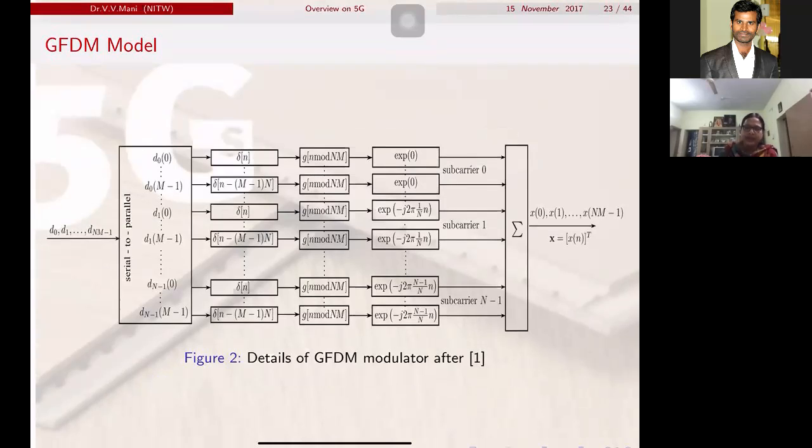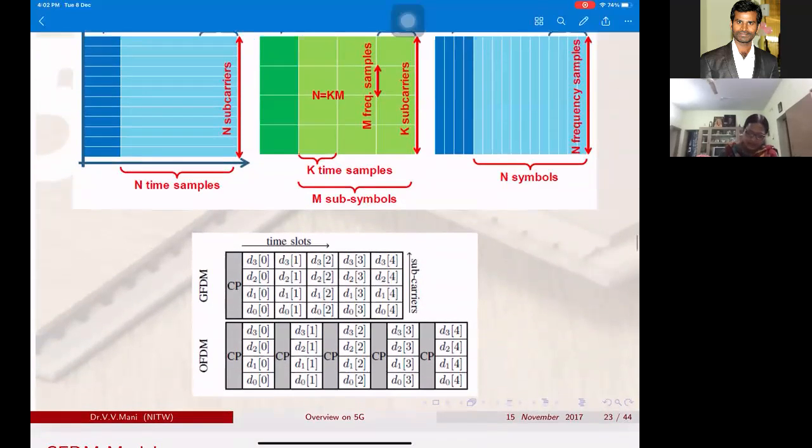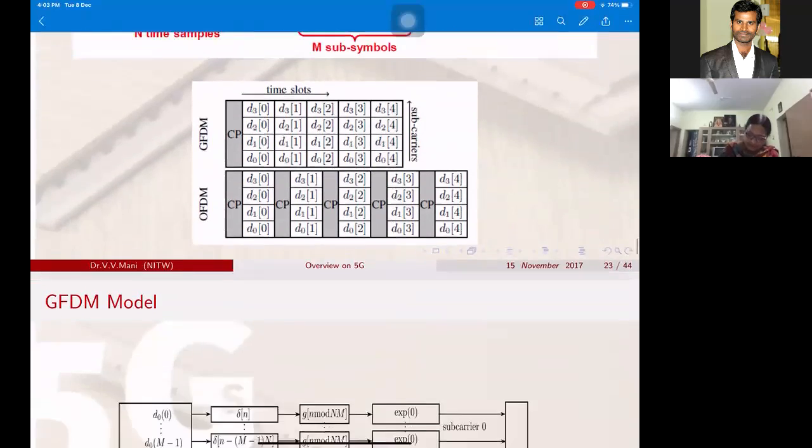So your understanding is that on each subcarrier, there is a capital M number of subsymbols, right? In total, how many subsymbols are you transmitting? N into M, that is capital N into capital M number of subsymbols. At the end, we add a cyclic prefix for your GFDM. That is the difference from GFDM to OFDM modulator.